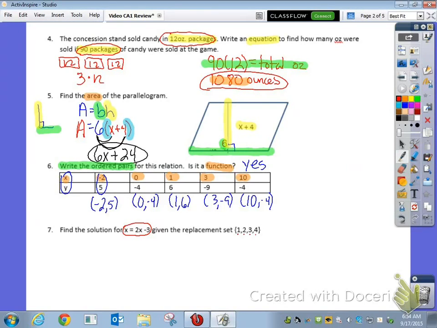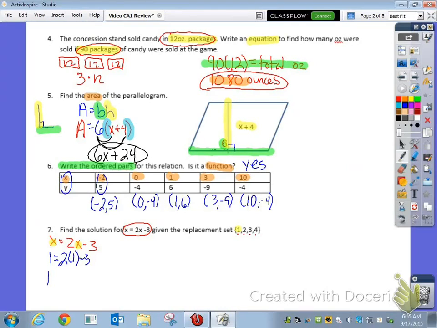So start with your original problem, x equals 2x minus 3. Okay, that's what I'm going to start with. Now, since my first number is a 1, that means wherever I see an x, I'm going to plug in a 1. Okay, so I have 1 equals 2 parentheses 1 minus 3.